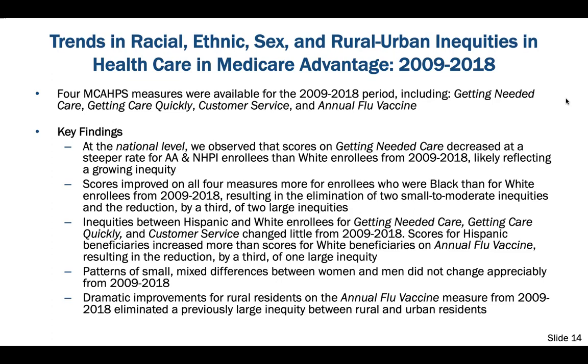And then the flu vaccine, even though not a CAHPS measure, has been of real interest because there have been some really dramatic differences in immunization, and some of these gaps have really narrowed, including a difference between rural and urban residents that was quite large in 2009 and was eliminated by 2018.